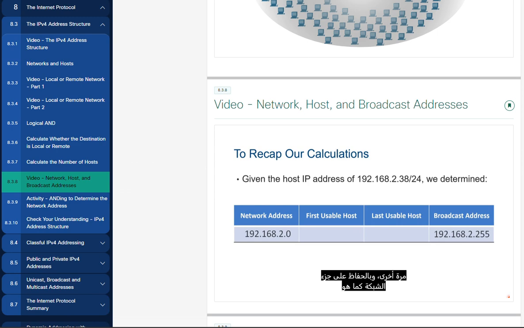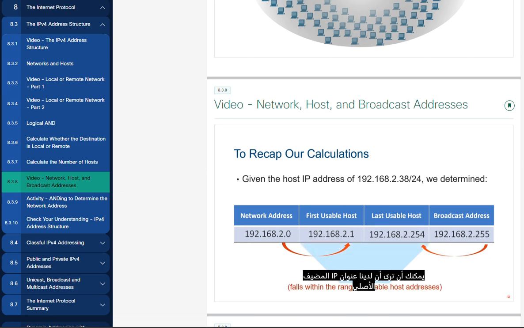Again, keeping the network portion the same, but changing the host portion, we determined that the usable host range for assigning addresses to devices on this network is 192.168.2.1, which is one number up from the network address, and 192.168.2.254, which is one number down from the broadcast address. You can see that our original host IP address falls within this range.